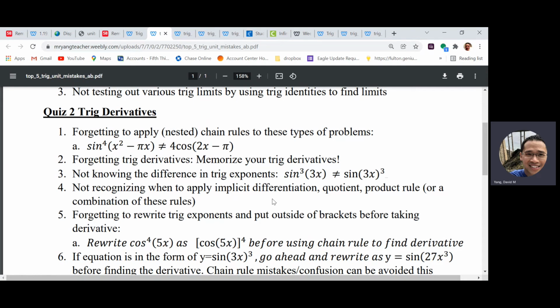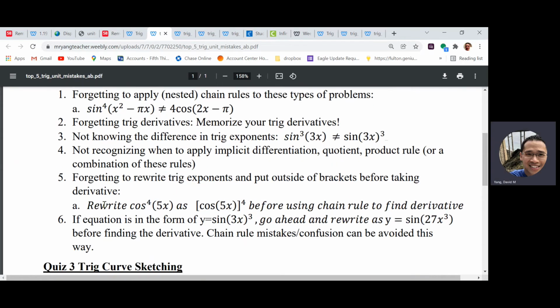Know when to apply implicit, quotient, product rule. Yes, that's the biggest mistake right here. Not letting that shorthand form stay before you do a derivative is going to mess things up. So make sure you always bring that exponent outside. Yeah, those are the big things there.